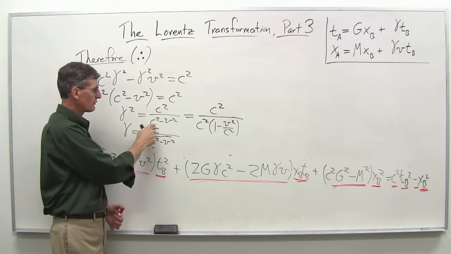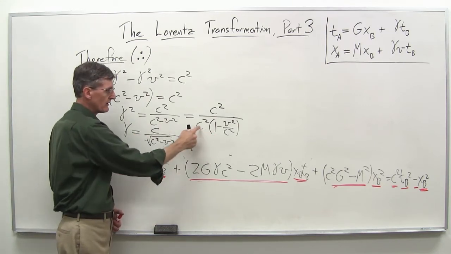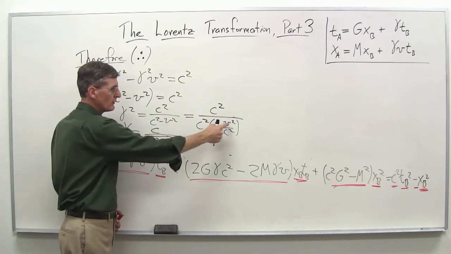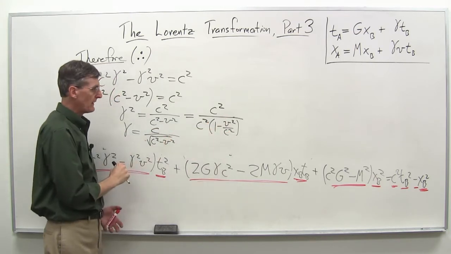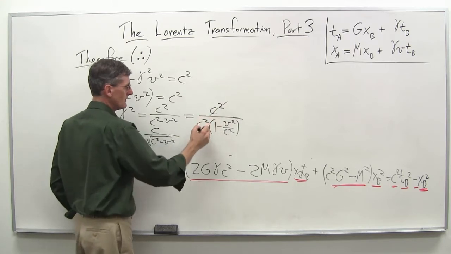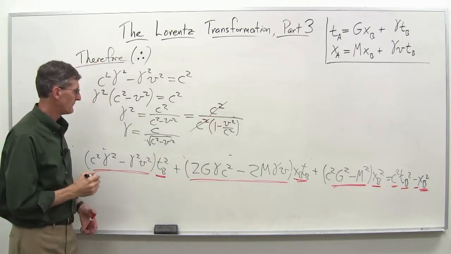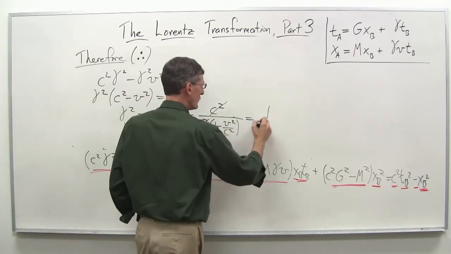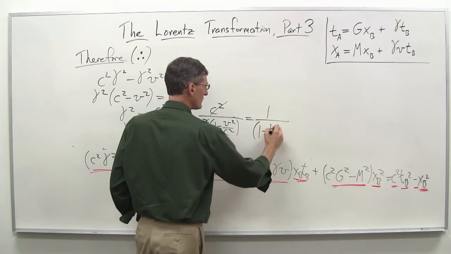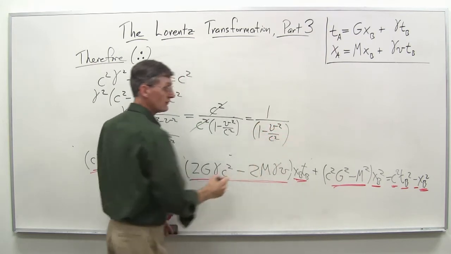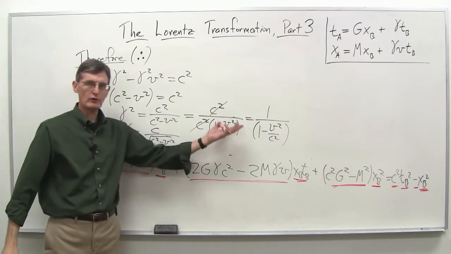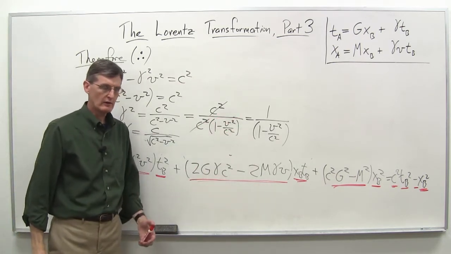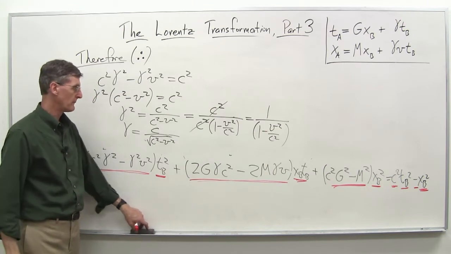All I did is note that C squared minus V squared is the same thing as this, because C squared times 1 is C squared, and C squared times V squared over C squared is just V squared. Once I do that, I can cancel the C squareds, and I'm left with 1 over 1 minus V squared over C squared equals gamma squared. Take the square root, and lo and behold, yes, it does equal our familiar Lorentz factor gamma.